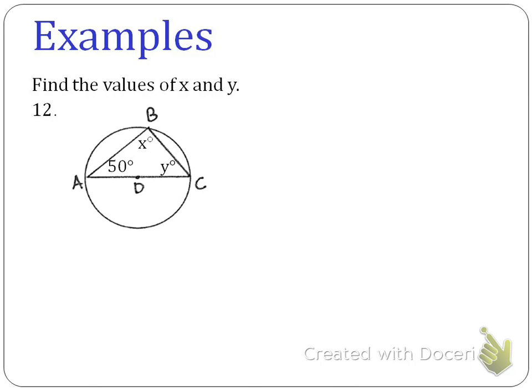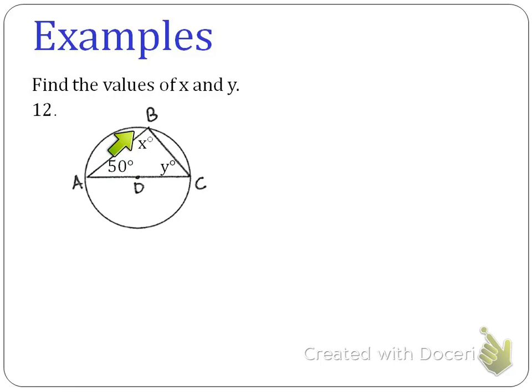First example. What I see in this picture is a triangle inside a circle. Not only that, but I notice one of the sides is the diameter because it's running through the center. So I can assume this is a right triangle. Figure out which one of these is supposed to be the 90 degrees. Well, it's not this 50.